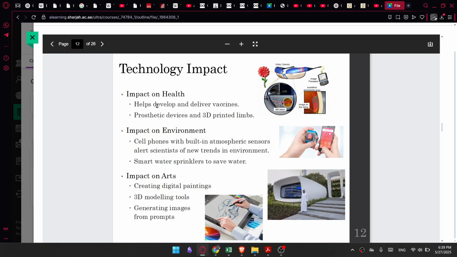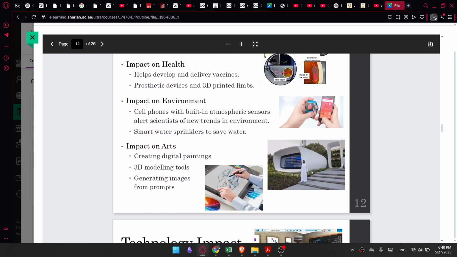Technology impact on health helps develop and deliver vaccines, prosthetic devices and 3D printers, limbs. In this picture, you can find that they made a home by using a 3D printer. Impact on environment. The cell phone was built with atmospheric sensors that alert scientists of new trends in the environment.